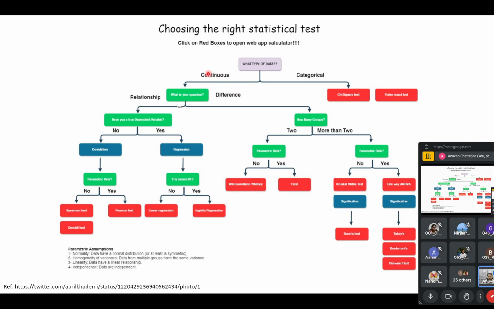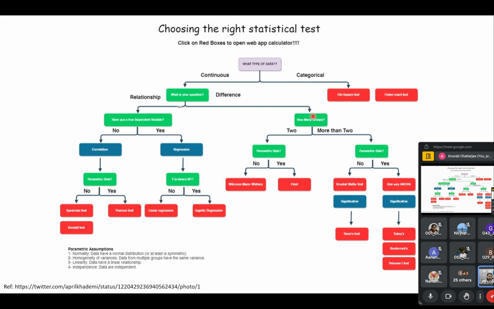If your data is continuous, so a lot of values, say the heights of people in BSc, like biotechnology versus CSC, you have to ask what is your question. Do you want to figure out the relationship between them or the difference between them? For the difference between the two heights, I actually want to figure out the difference, not the relation.